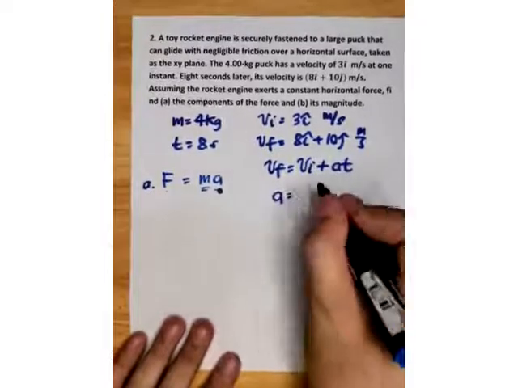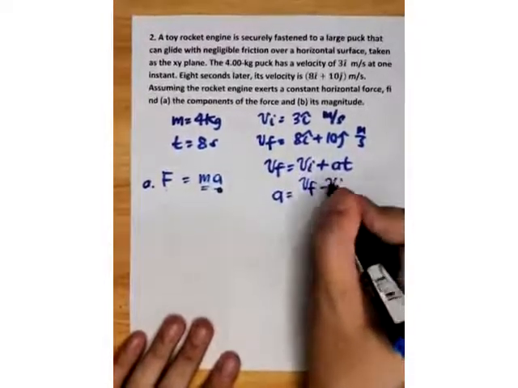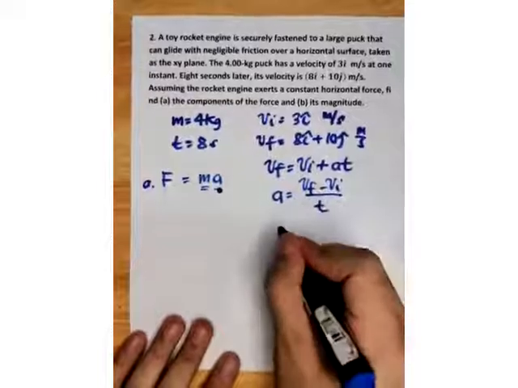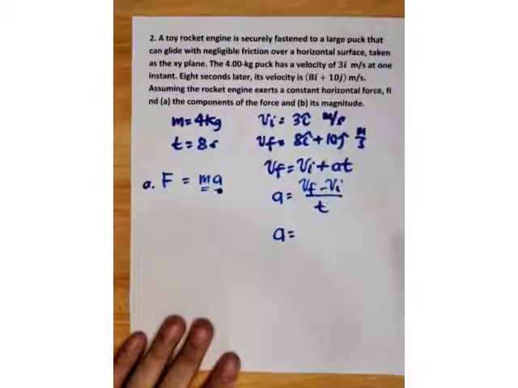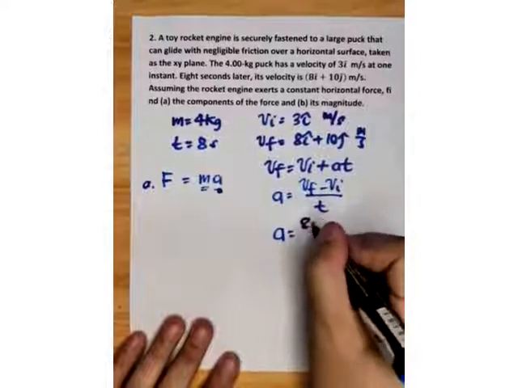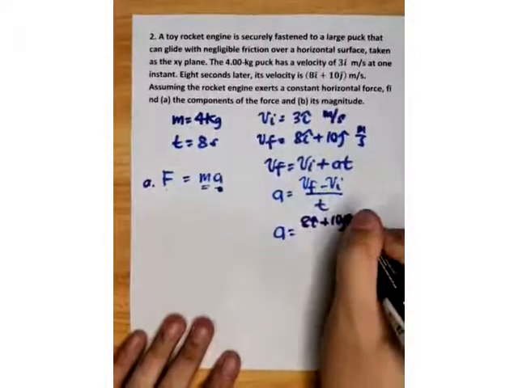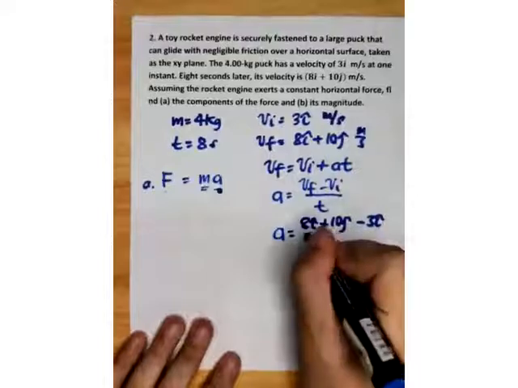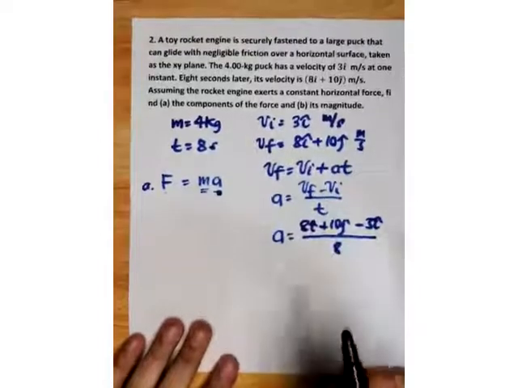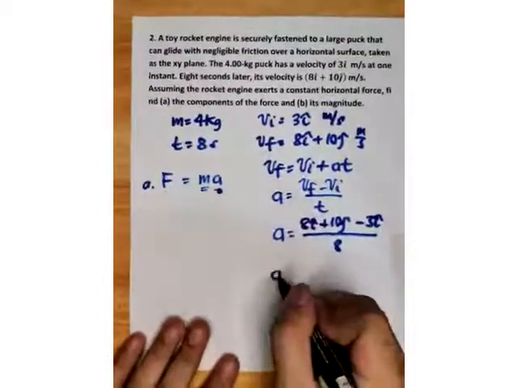So a is equal to V final minus V initial over t. So our acceleration is 8i plus 10j minus 3i, all over 8 seconds.